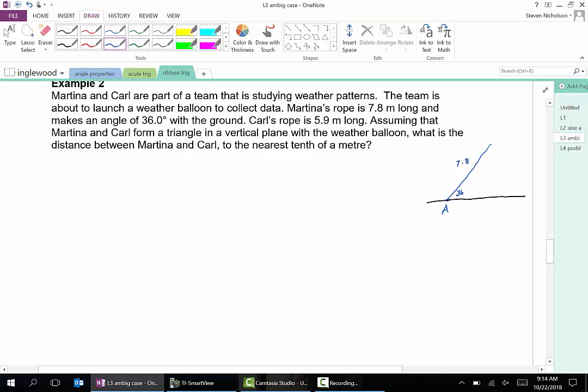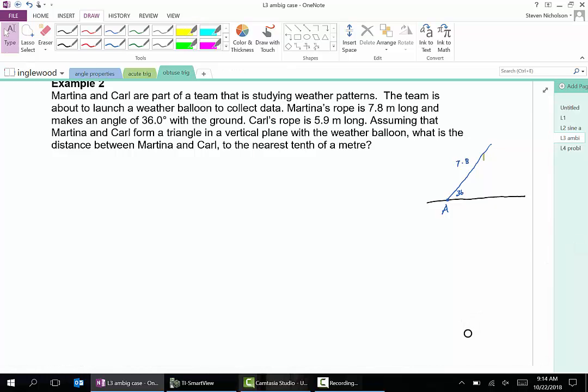Now we're guaranteed to make a triangle, so what we really need to do is, okay, with Carl's rope of 5.9, if you actually physically did this right now, which you could always do, you would see that there can possibly be two. But here's another way to do the problem we did on the other page.